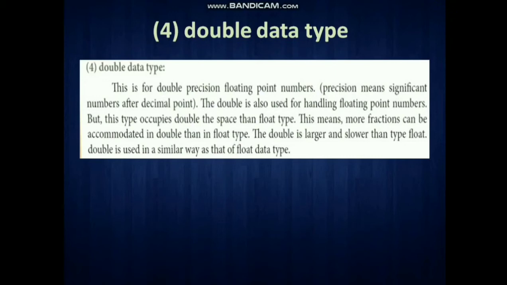Now we have to store a long length of floating or fraction numbers, for example 98.612354, like that. So a long length of numbers, with point values, will come. Long numbers mean we have to use the double data type. In front of the float data type we have to use this double data type.